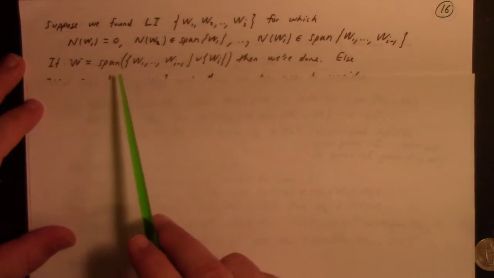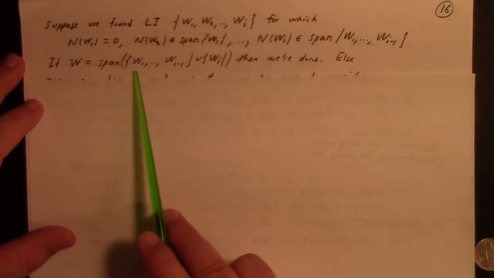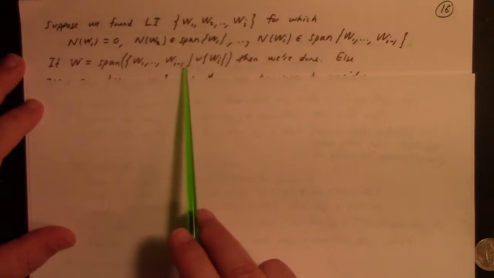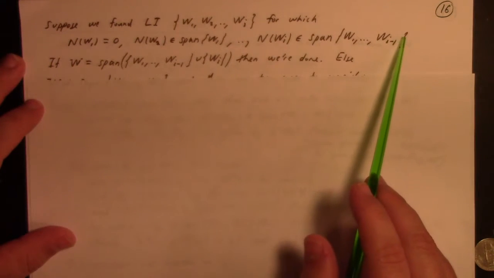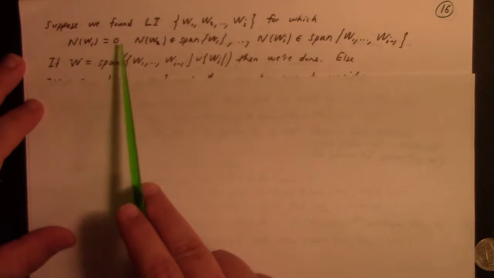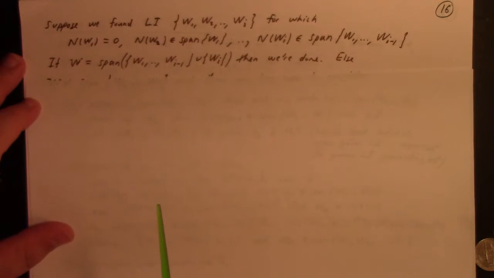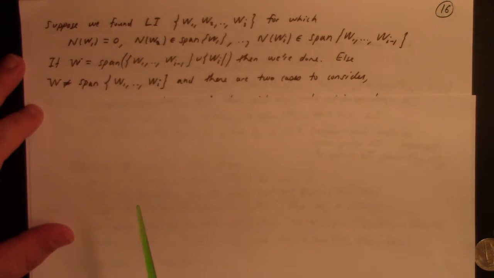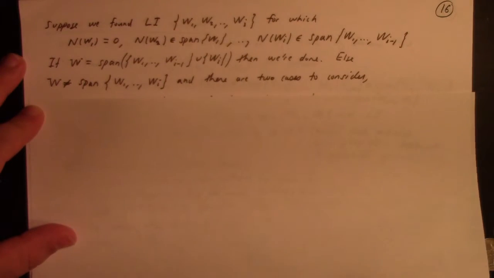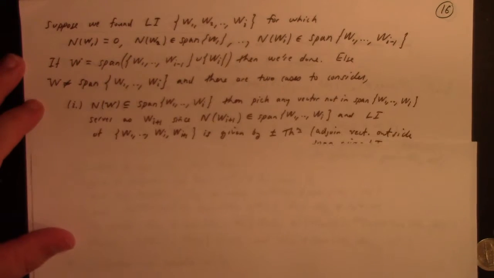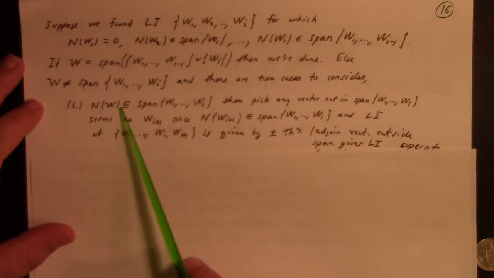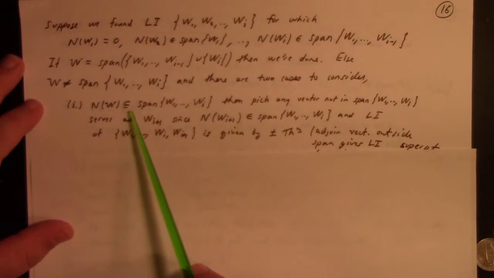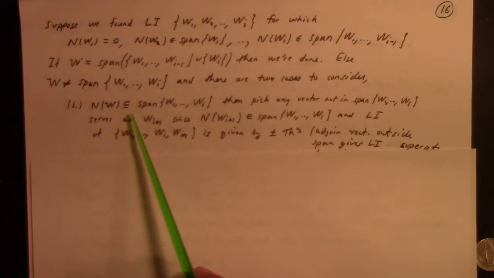Now, if W is the span of w_1 through w_i, then we're done, because then the conditions we need would be met already. Otherwise, W is not equal to the span of w_1 through w_i, and there are two cases to consider. Either one, the null space of W is null. So why am I using his notation? Null space.